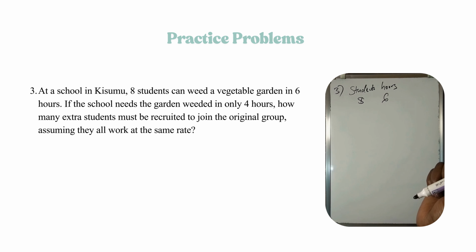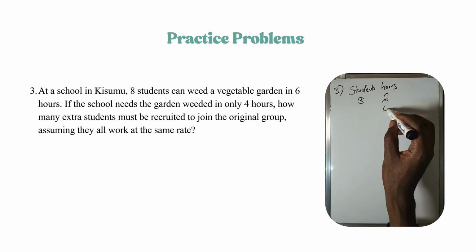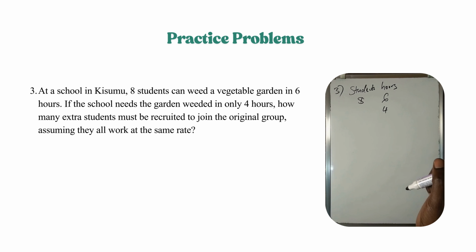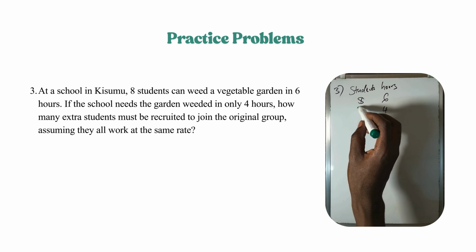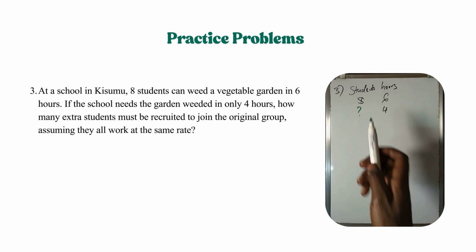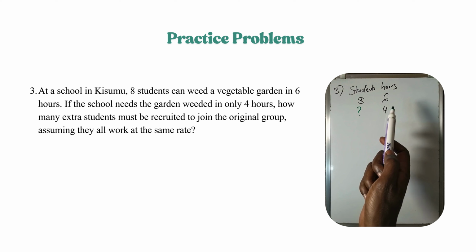If the school needs the garden weeded in only 4 hours, how many extra students must be recruited? Let's use our common sense here. 8 students take 6 hours.